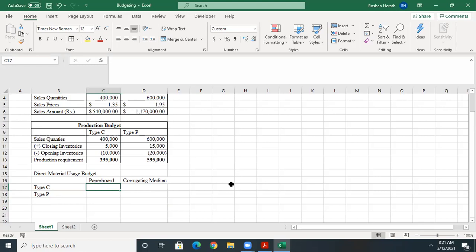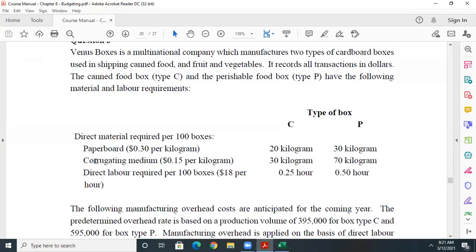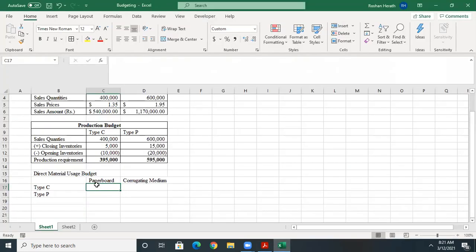So we need to produce 395,000 units of type C. And how much material is required? For 100 boxes, it takes 20 kilograms. Therefore, you can take these 395,000 units and divide by 100, so this many packages are to be produced.